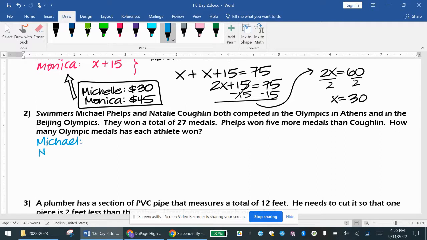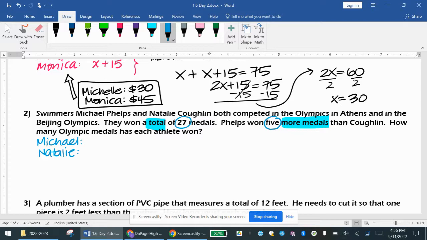This problem is comparing Michael Phelps to Natalie Coughlin, which were very famous swimmers for the United States in the Olympics. They both won medals. If you notice, they use the word total. There's also a couple numbers and phrases that were important. This number is kind of hidden, but it's in there.